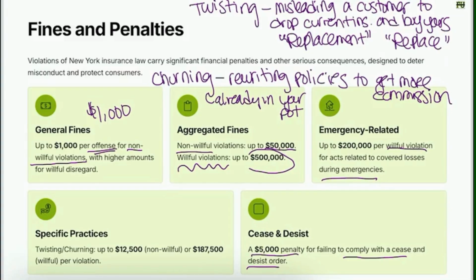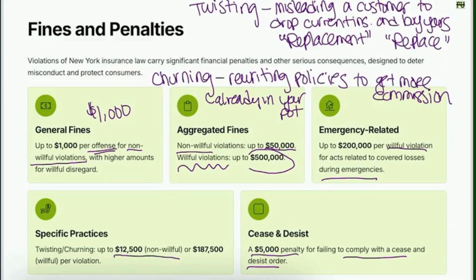So make sure that you are comfortable with those. And the fines for those are up to $12,500 for non-willful and $187,500 per willful violation. Those are random numbers, but got to know them, right? Other consequences: license actions, as we said, suspension, revocation, or non-renewal.